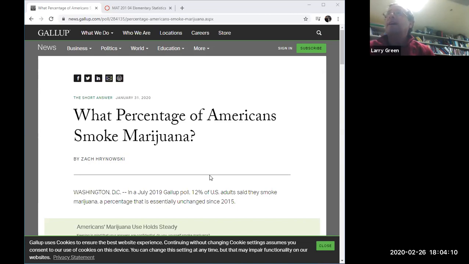So instead, I found another one, from Gallup: what percentage of Americans smoke marijuana? Not necessarily big in the news today. I'm kind of surprised they don't talk about that during the debate at all, but it's actually a big deal nationally.